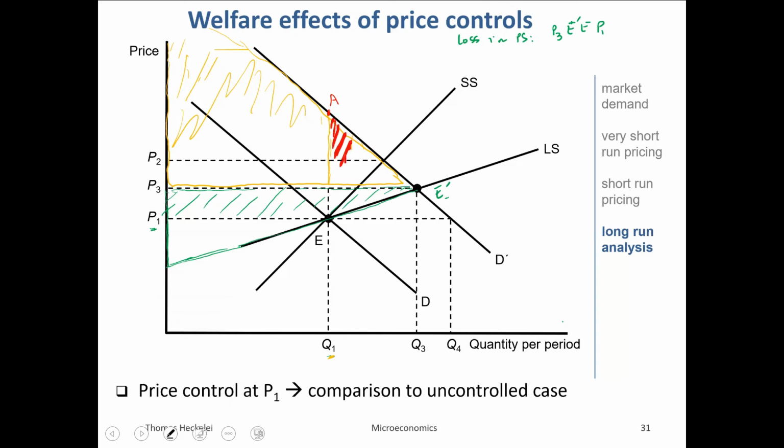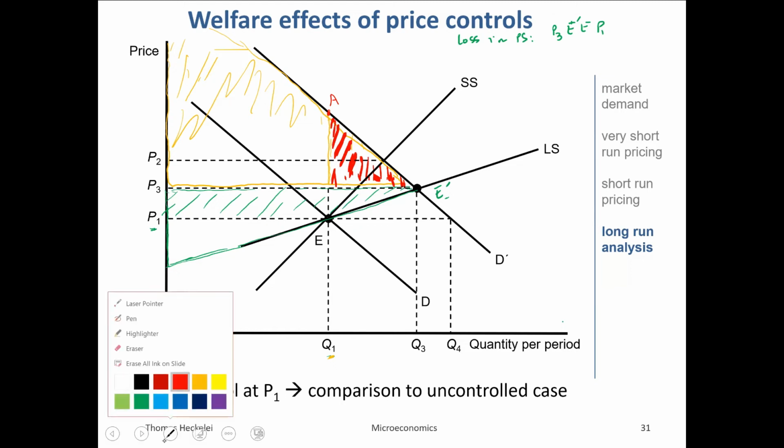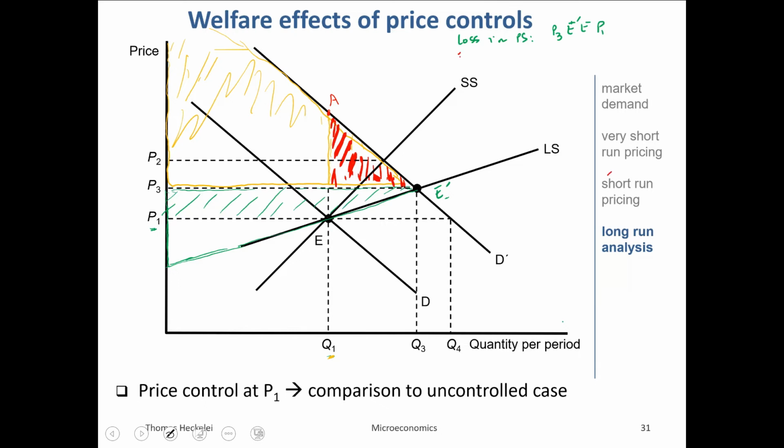This is for sure a loss in consumer surplus, because there's now no Q3 but only Q1. All right, so let's write it down again. Loss in consumer surplus A, and let's call this B, E prime.